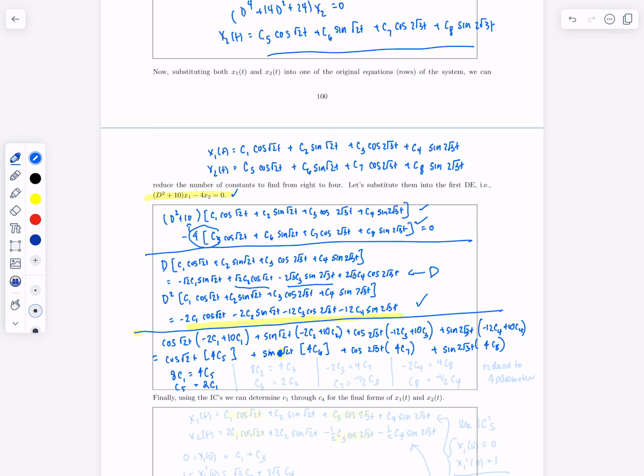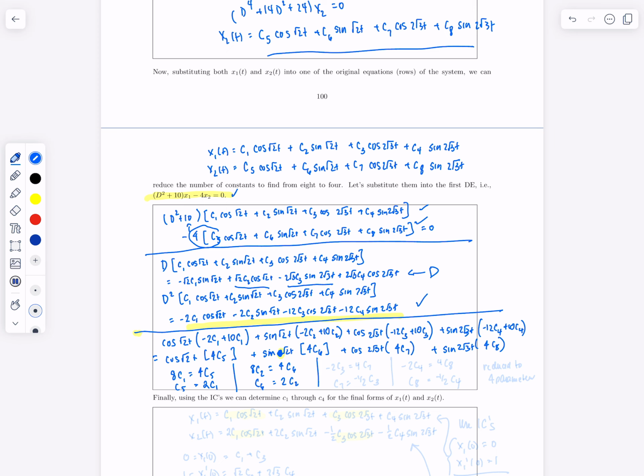Over here, the next term, 8c2 has got to be equal to 4c6 for that equality. So c6 must be, again, 2 times c2, just dividing 8 by 4.